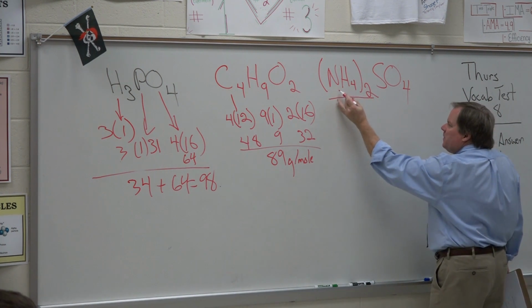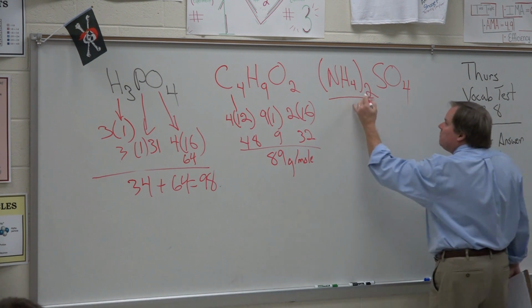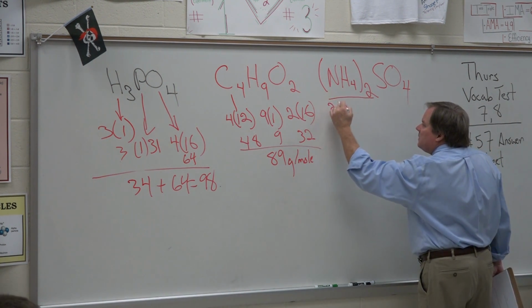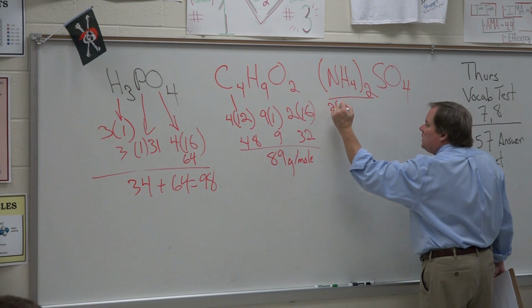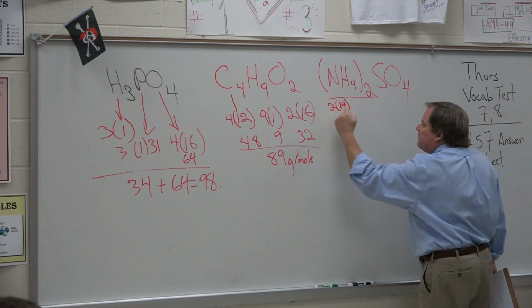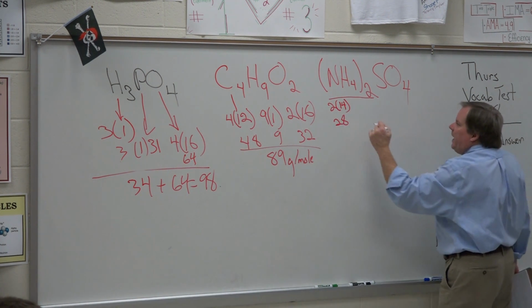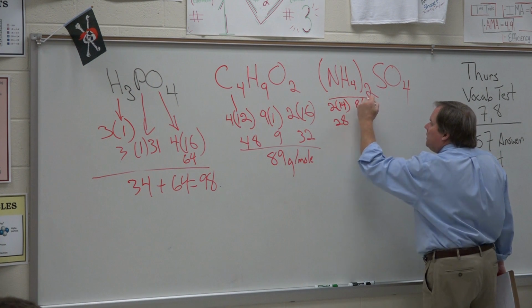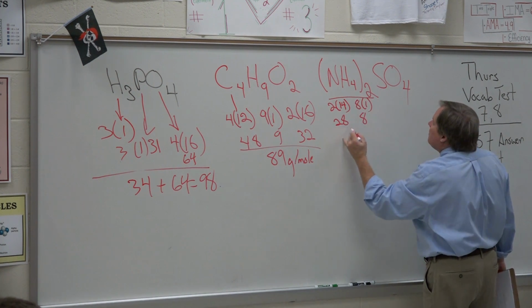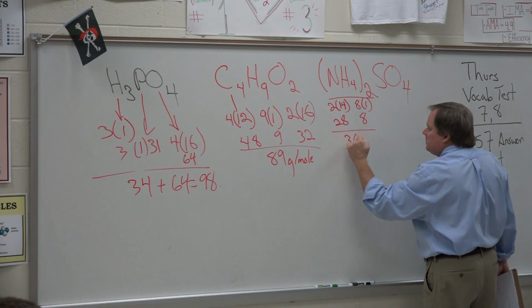Now, what happens in here? How many nitrogens am I working with? 2, and they are 14 each, so I've got 28 there. How many hydrogens do I have total? 8, at 1 each. Let's add that up: 36.